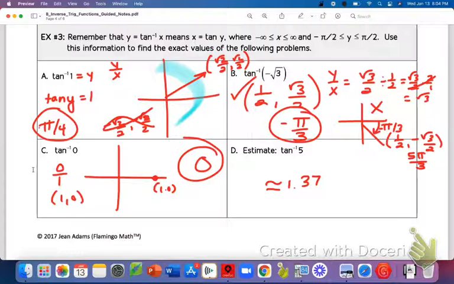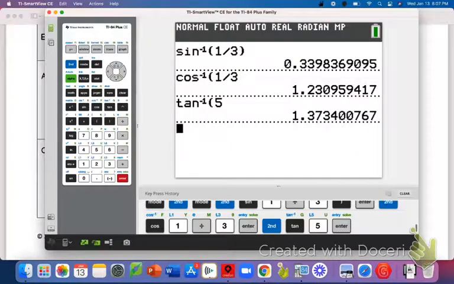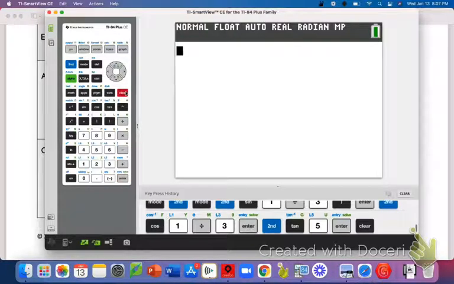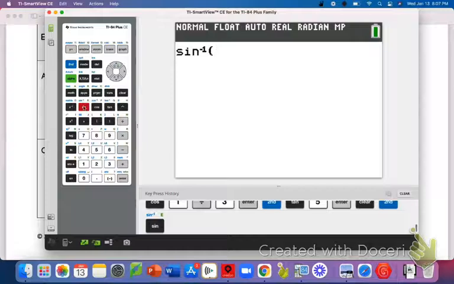Okay, so now the next example has us doing a whole bunch of calculator work. Instead of me flashing back and forth to write the answers down, I'm just going to go through it, and then you can write the answers straight from the calculator. Again, if you're not getting the same answers that I'm getting on my calculator, make sure that your mode is in radians and not degrees. So for 4a, we're doing sine inverse of negative 0.74.